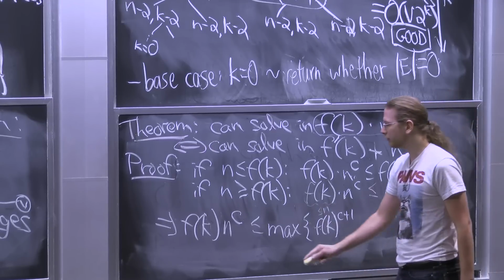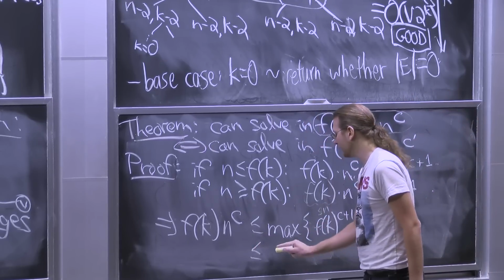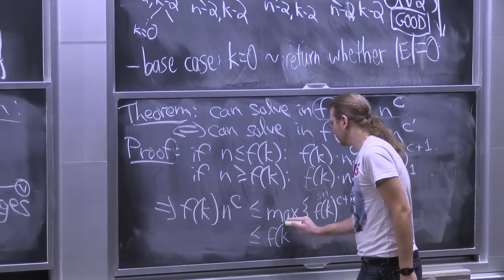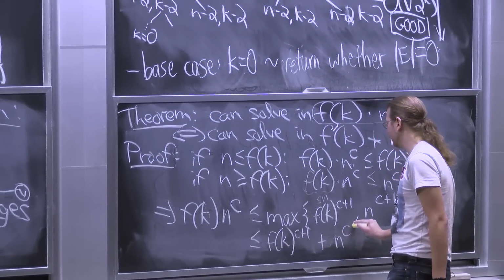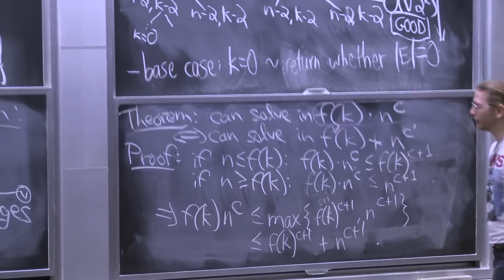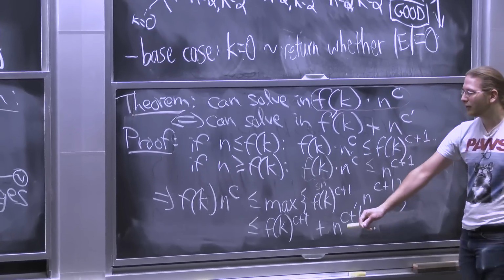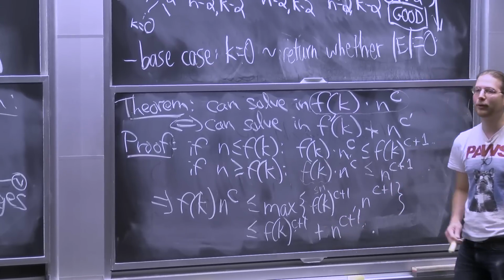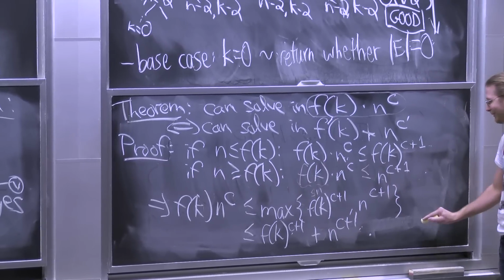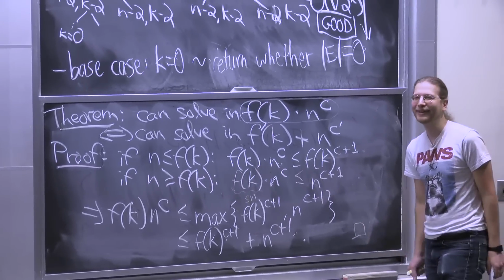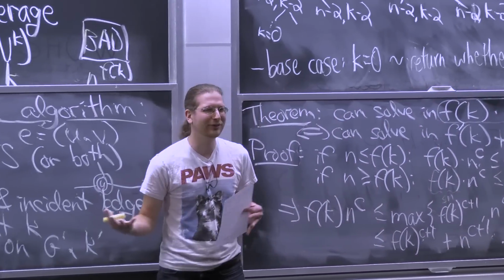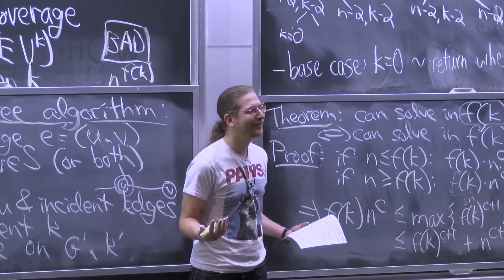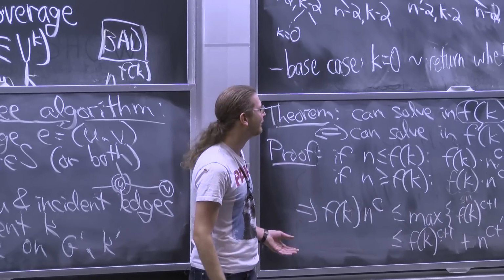Okay, and the max is always at most the sum. I'm assuming everything here is non-negative. So I take f of k to the c plus 1 plus n to the c plus 1. Boom. That is an additive function of k plus polynomial in n. Okay, rather trivial. This is a funny area where you think, oh, there's this deep question. Are these things the same? And it ends up, yeah, they're the same for obvious reasons.